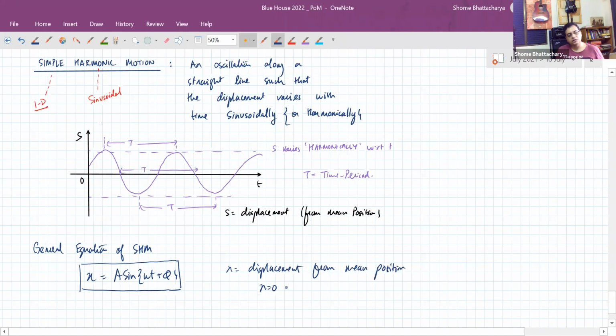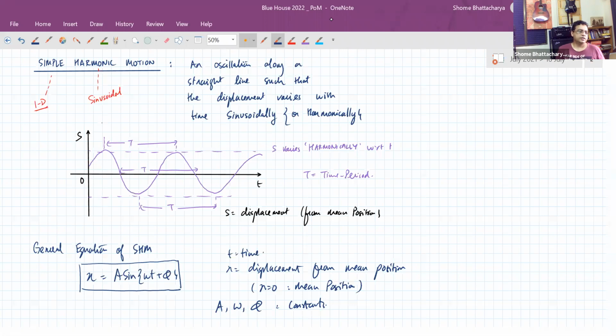So X equal to 0 is the mean position. Here capital A, omega and phi are constants. Obviously t is time. Omega is what we call angular frequency, capital A is the amplitude, and phi is something called the phase constant. We'll discuss all these next.